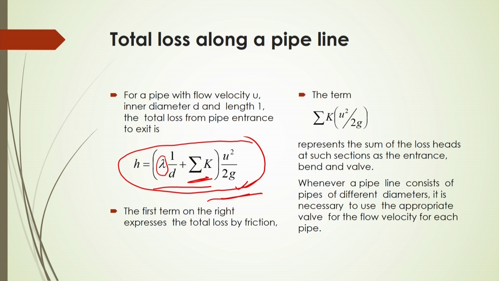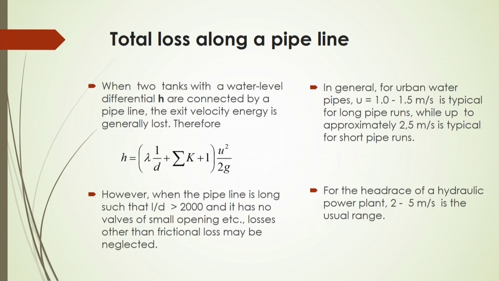The first term on the right side of the expression is the total loss by friction, and the other term represents the sum of the loss heads at sections where there is an entrance, bend or valve. Whenever a pipeline consists of pipes of different diameters, it is necessary to use the appropriate flow velocity for each pipe, and accordingly calculate the minor and major loss coefficients and the total loss as liquid flows through the pipeline.